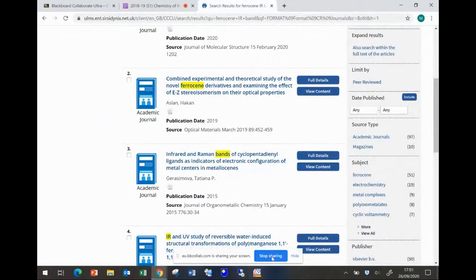And I will stop sharing now, but you can do this with anything: with NMR data, with infrared data, with mass spec data, with UV-visible spectrophotometry data. Any data that is spectral data, you can find the right reference to discuss your spectral results in this way.